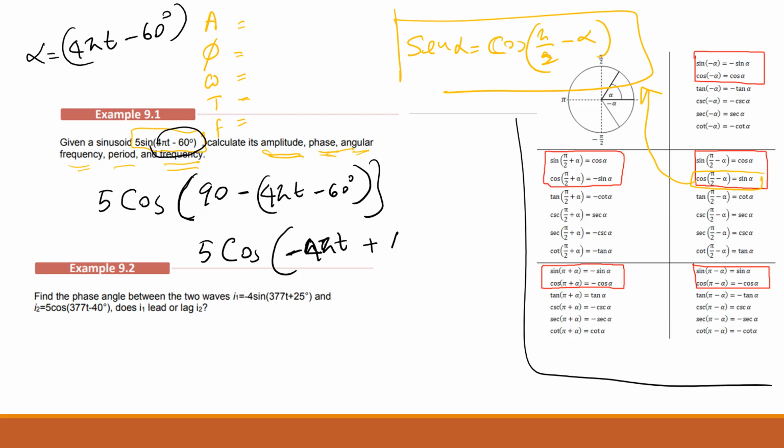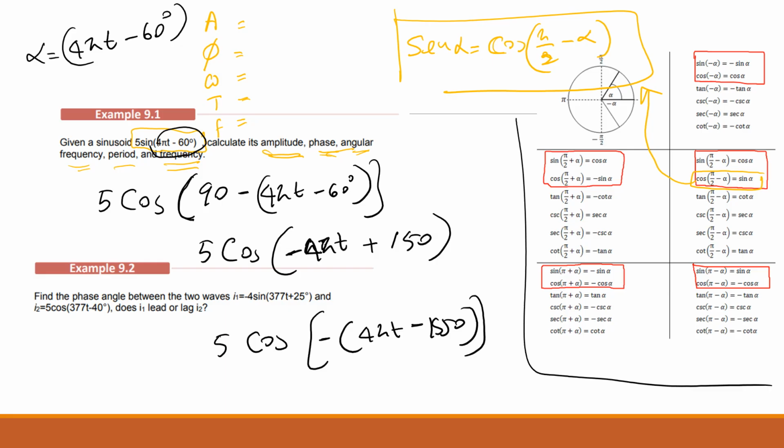Okay, let me do it this way, 90, 150. I have this, and then we can say 5 cos minus, I take the minus sign out, 4 pi t minus 150. Then cos minus is the same thing, so I can say 5 cos 4 pi t plus 150. Is that what you are saying?